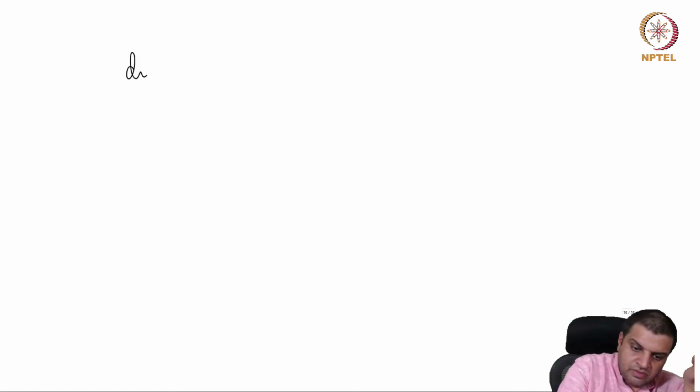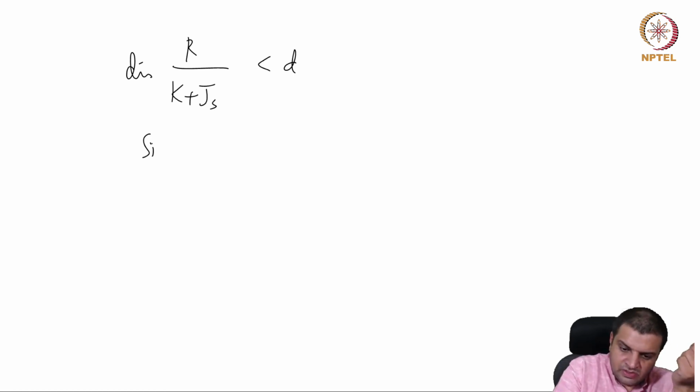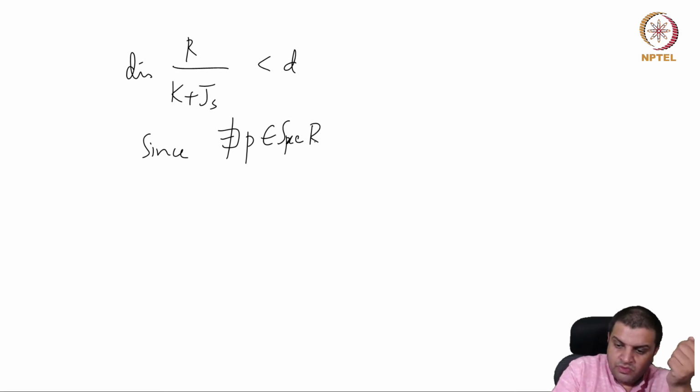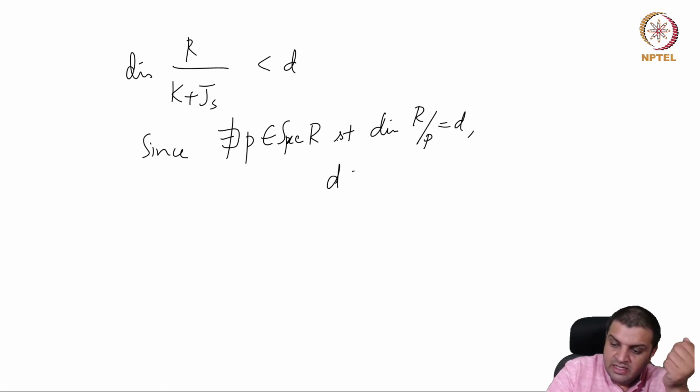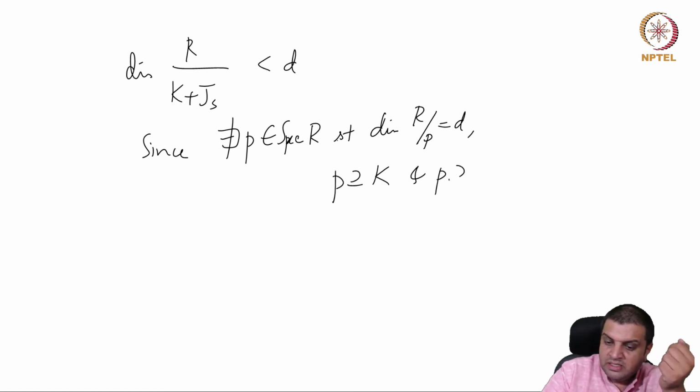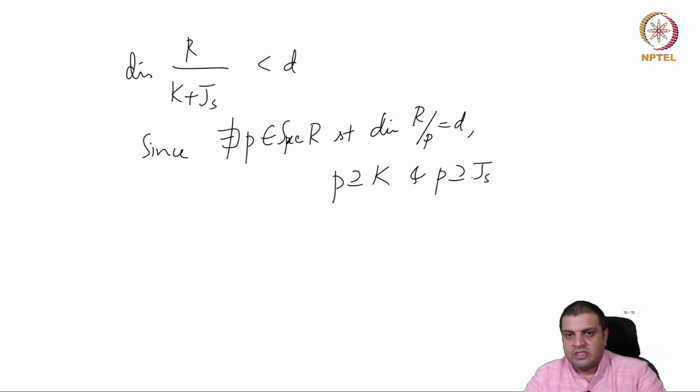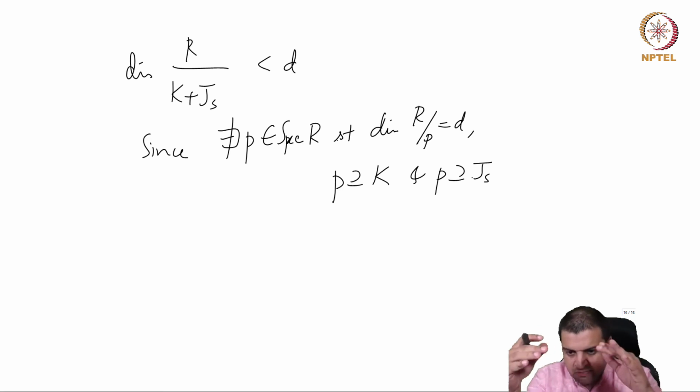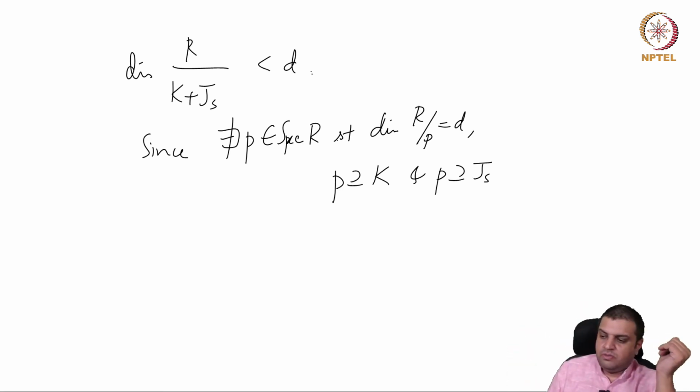The dimension of R mod (K plus J_s) is less than d, since there can't exist a prime p in Spec R such that the dimension of R mod p is d and p contains K and p contains J_s. Because the minimal primes over these things, all of them having the same dimension, are incomparable. So if one had to contain at least 2 of them, it must have smaller dimension. So this is what we need.